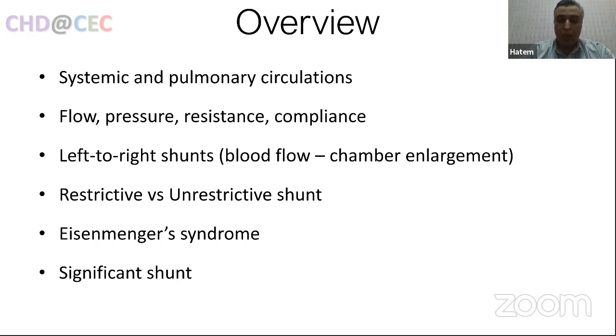Then we'll be talking about restrictive and unrestrictive shunts and how that affects the clinical presentation. Eisenmenger syndrome, and then what constitutes a clinically significant shunt.